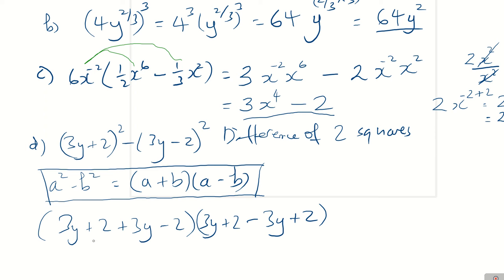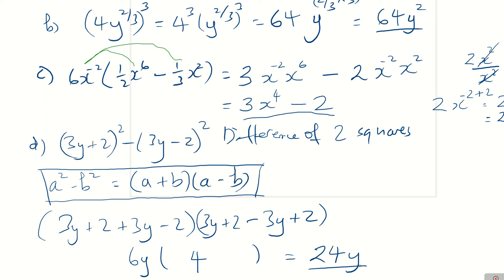And then if we simplify it, you see the 2's will cancel in the first bracket. 3y plus 3y is 6y, and then in the second bracket the 3y's cancel and we just get 2 plus 2, which is 4. Doesn't matter what order we multiply things in, so we've got 6 times y times 4, which is the same as 6 times 4 times y, which is 24y.